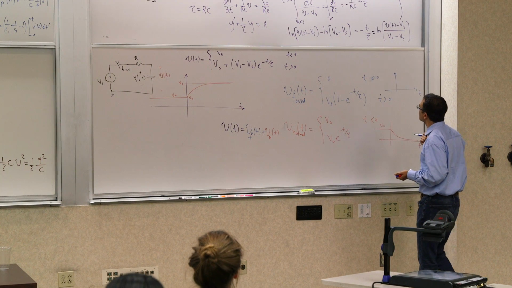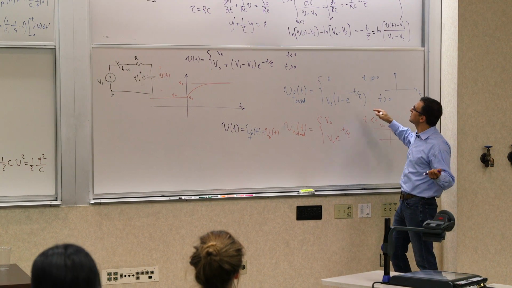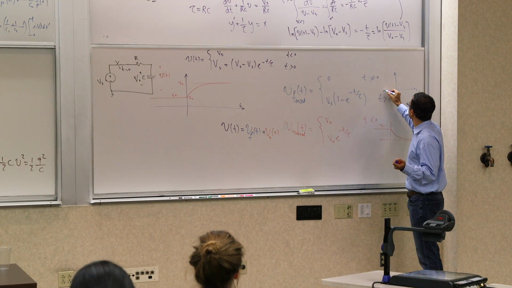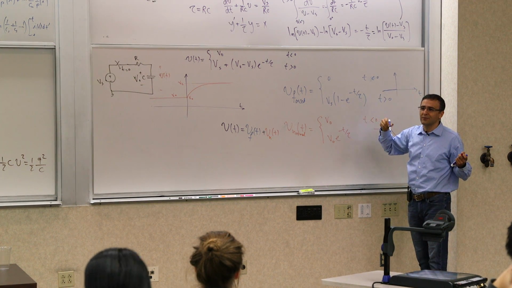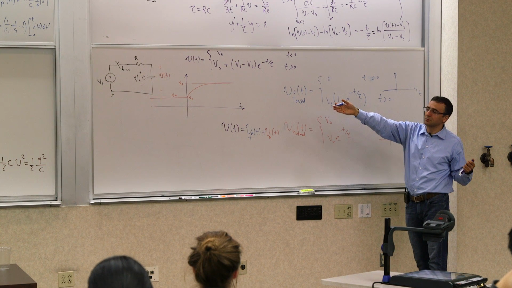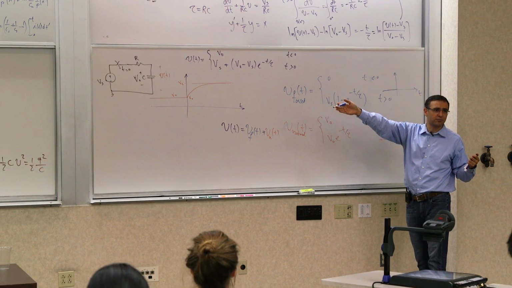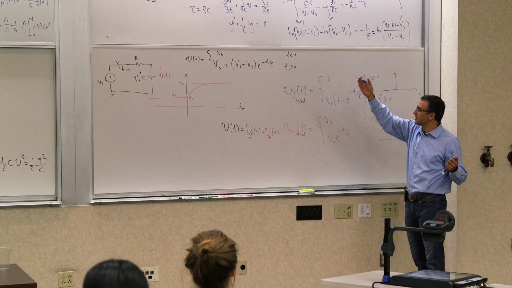So this forced response, there's no forced response before t equals 0, because there is no input before t equals 0. It's only after t equals 0 that there's an input applied to the circuit. There's some outside stimulus in this case.